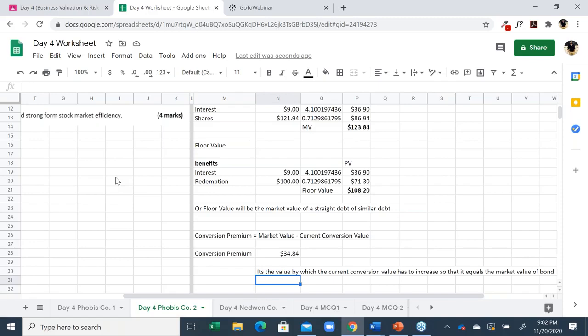So, do you people have any idea about market efficiency? What is market efficiency? I'm not talking about the forms of efficiency. Just tell me what is meant by market efficiency.